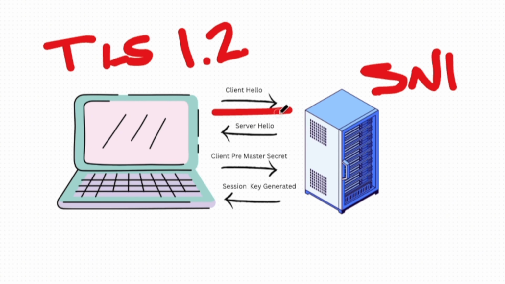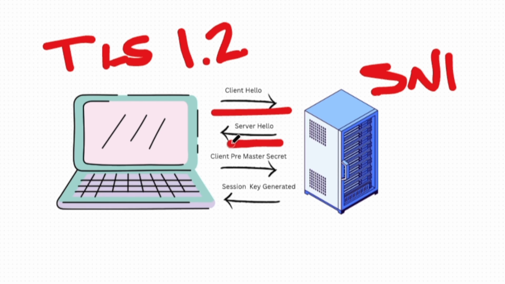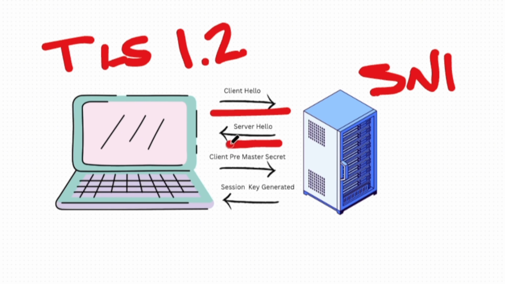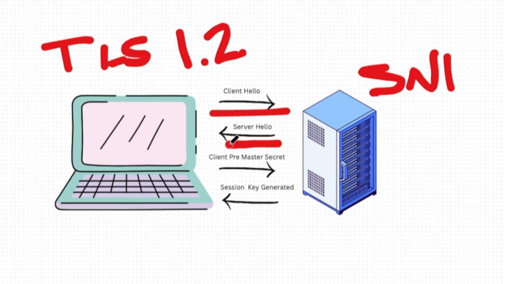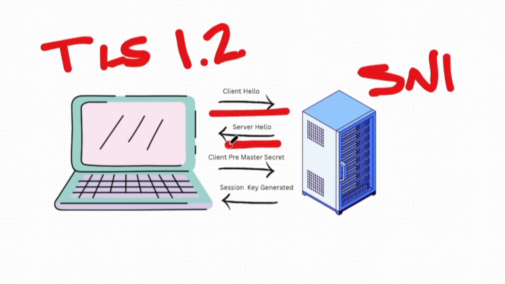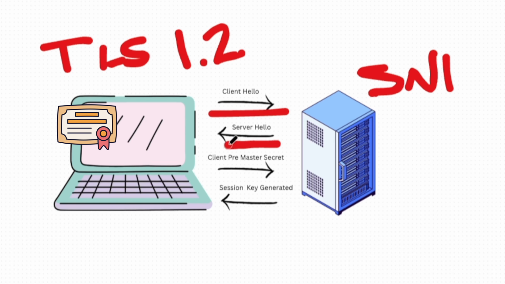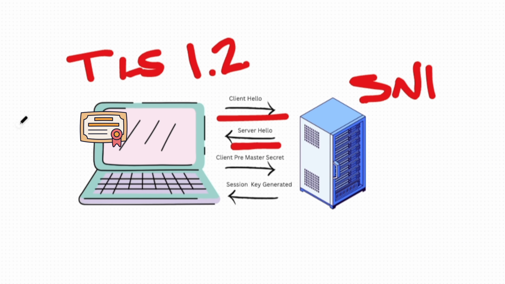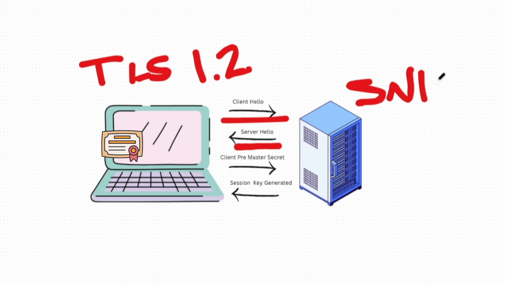After the client hello, the server responds with the server hello, which says, here is the highest mutually supported encryption method that I support. Let's use this to encrypt our session. In addition, here is my certificate, which proves that I am who I say I am. So your laptop inspects this certificate and checks to make sure that the SNI is correct or matches the domain that we're looking for, in our case, uprootnetworks.com, and then also checks to see if the certificate is signed by a trusted certificate authority, or CA.